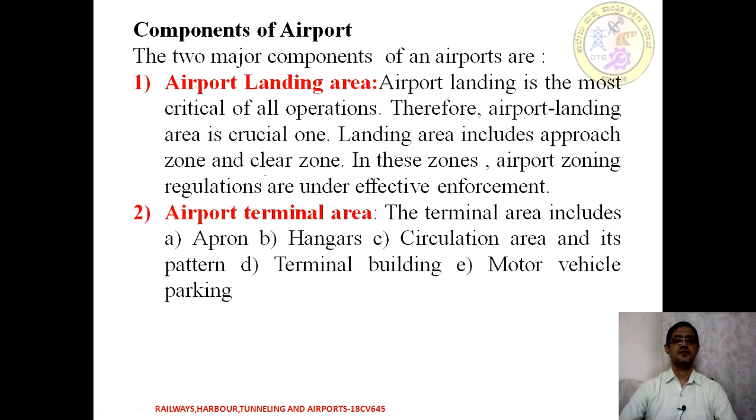First, if we talk about the airport landing area, it is the most critical for all types of operation. Therefore the airport landing area is crucial. Usually it includes the approach area and clear zone. In this zone, airport zoning regulations are under effective enforcement.